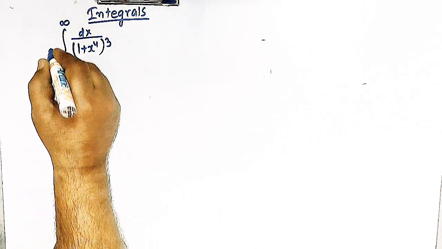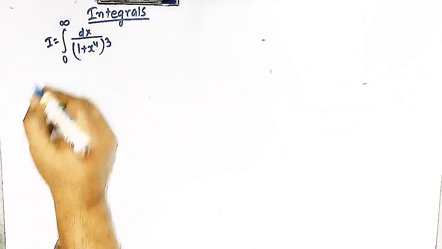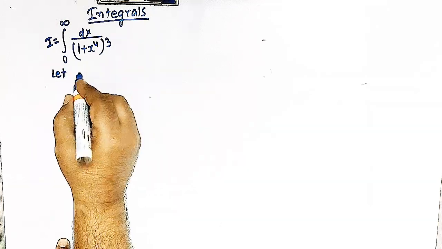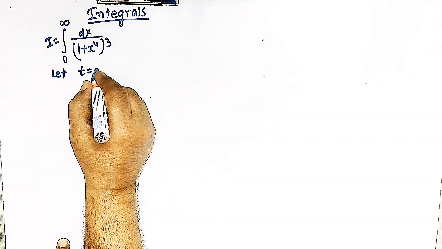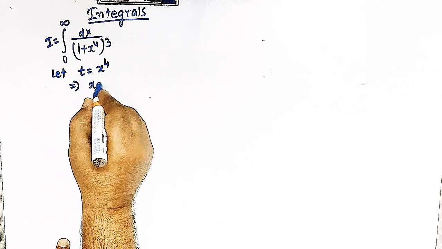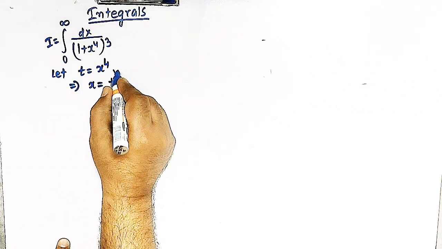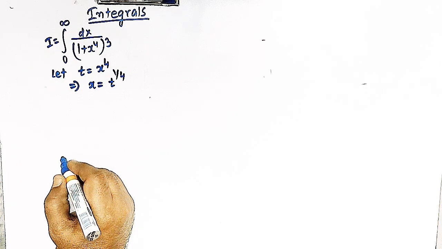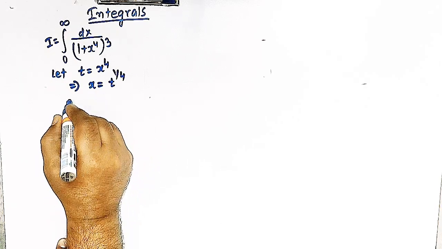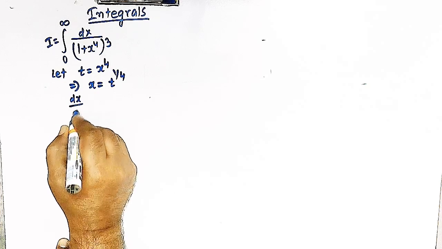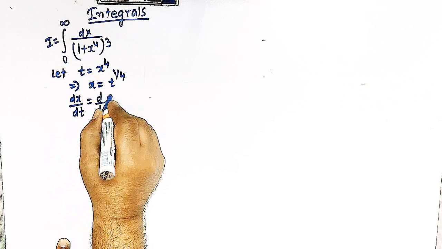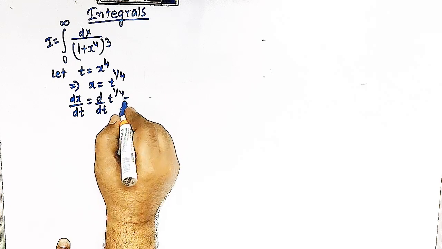So let us call this integral as I, and let us make this substitution, that is t is equal to x raised to 4, so that we have x is equal to t raised to 1 over 4. So now let us differentiate x with respect to t. So we have dx over dt, and here we have d by dt of t raised to 1 over 4.